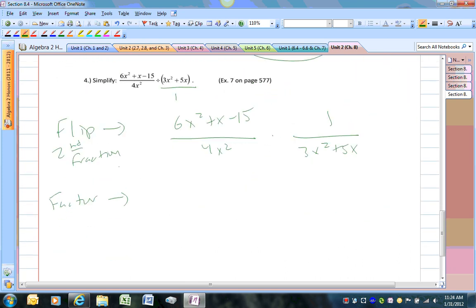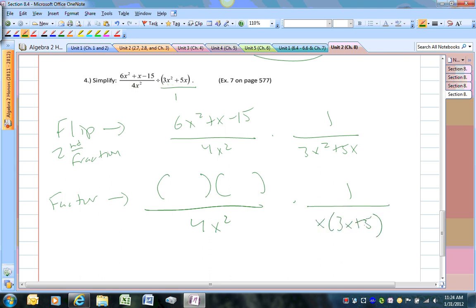But just one extra step, you got to flip the second fraction. Okay. Let's take care of all the easy factoring first. So the denominator of our second fraction after we flipped it factors x times 3x plus 5. That's easy. We can't factor the denominator of the first fraction.